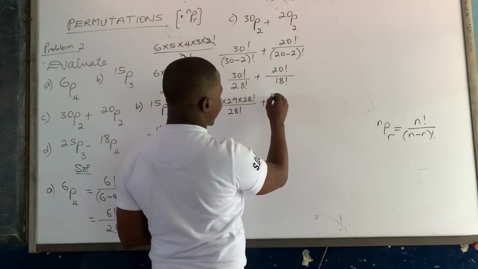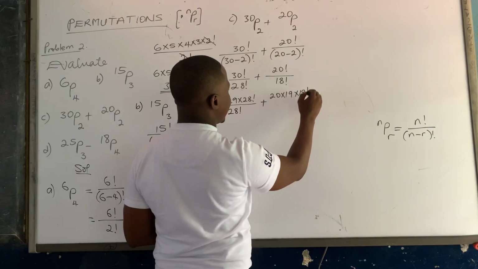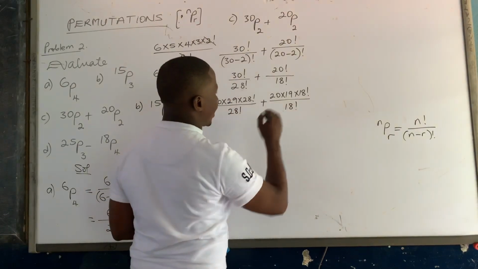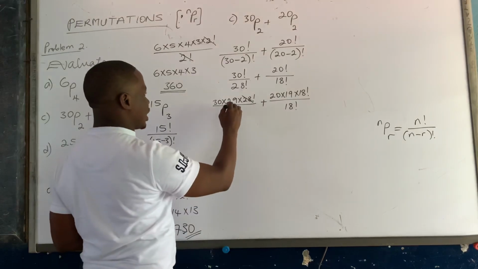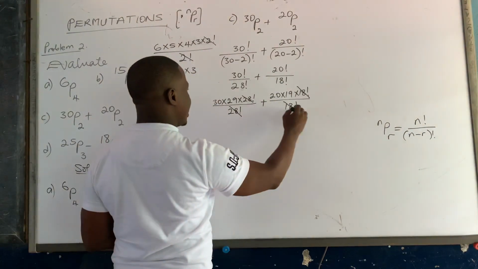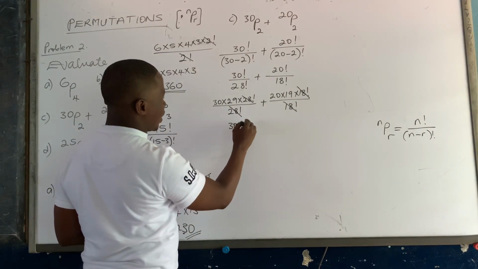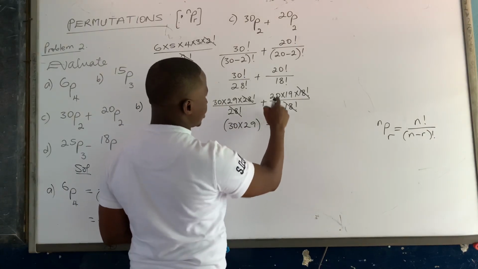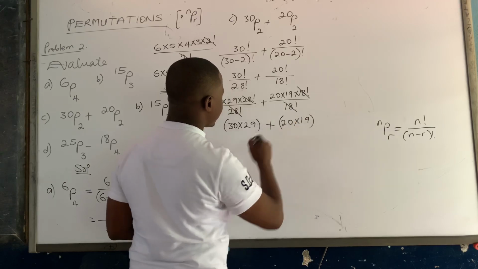So this is 20 multiplied by 19 multiplied by 18 factorial, divide by 18 factorial. So 28 factorial takes away 28 factorial, 18 factorial takes away 18 factorial. So we are left with 30 multiplied by 29 plus 20 multiplied by 19.